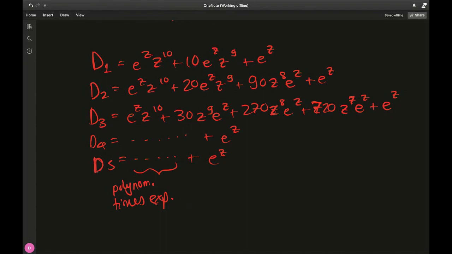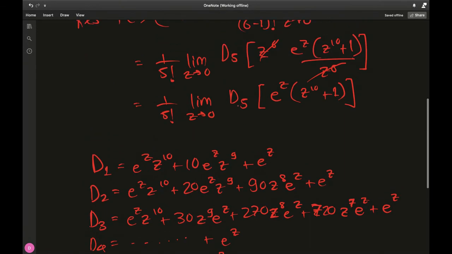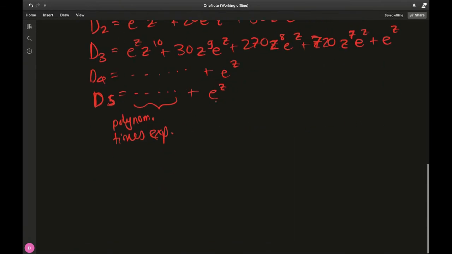So we have this general structure for the fifth derivative. Now we have to take the limit as z goes to 0. So it's basically plugging in z equals 0 here. Notice that we have a polynomial times exponential. If you raise an exponential to the 0th power, that will be 1. Okay, that didn't do much. But if you plug in 0 in a polynomial, 0 to any power will always be 0, which will make the entire product go to 0.